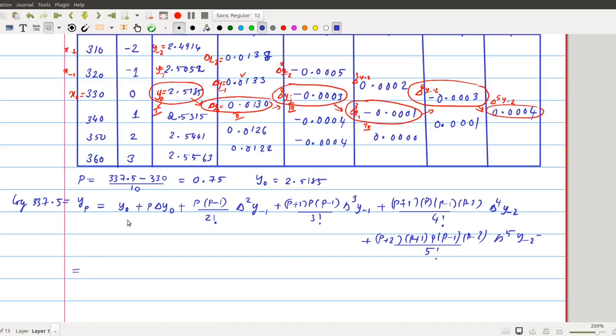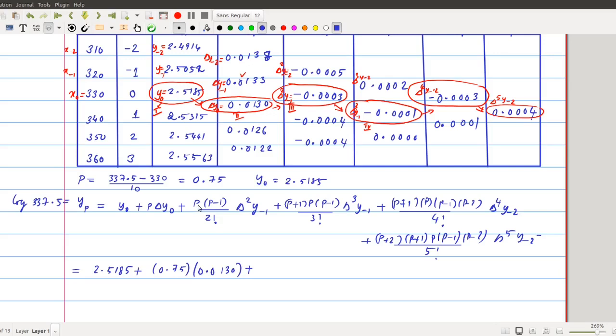Okay, now we substitute for this. What is y naught? Y naught is 2.5185 plus, what is p? P is 0.75, and what is the value of delta y naught? Delta y naught is 0.0130. So that is the second term.